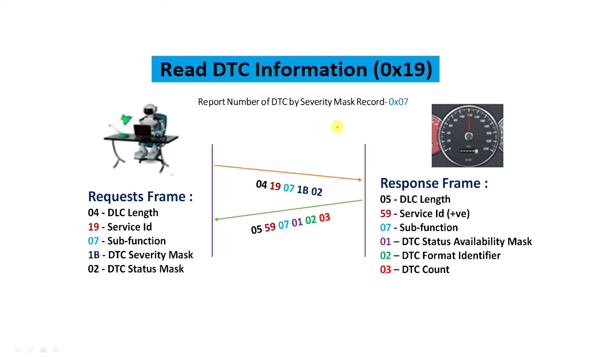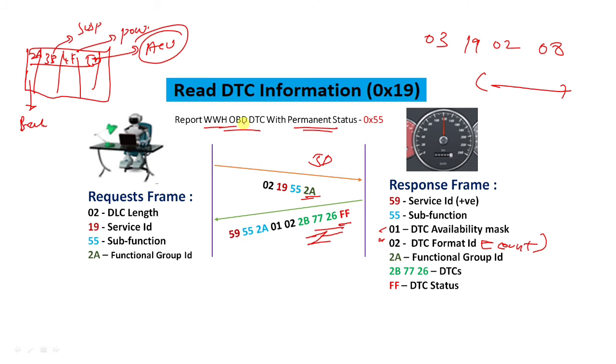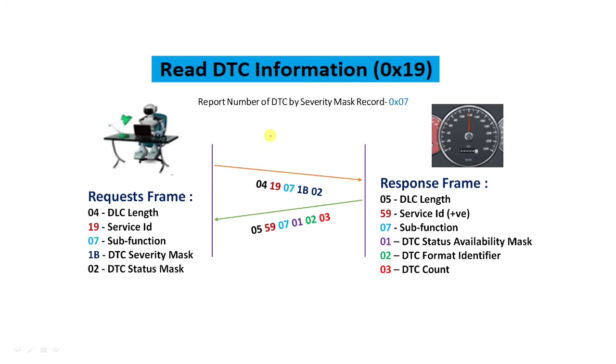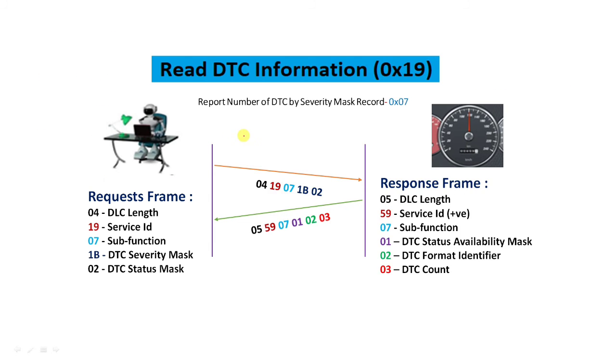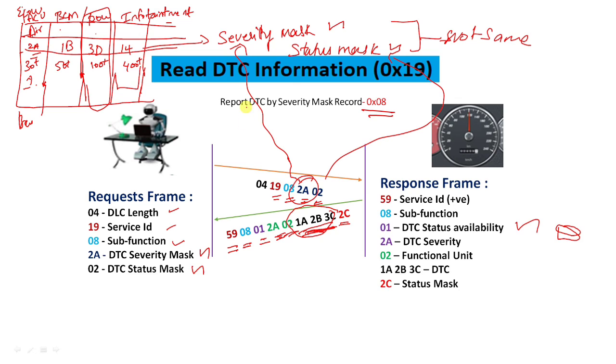It's same like this, but this is with respect to the OBD. All right, with respect to the OBD, that is emission related. This is non-emission related as well. All right, so here only non-emission related DTCs.